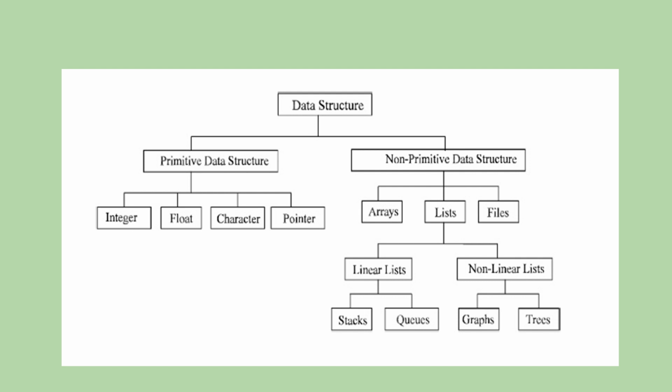Under the non-primitive data structures there are arrays, lists and files. Arrays will be defined in upcoming lectures and everything will be explained there. Today is just an introduction to data structures. Lists are further classified into linear lists and non-linear lists. In linear lists come stacks and queues, whereas in non-linear lists come graphs and trees.